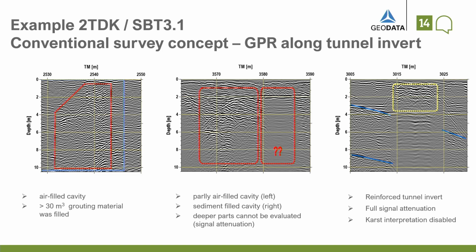This is also the reason why the investigation with the GPR is mostly done along the tunnel invert, or the open tunnel invert, because the sprayed concrete reinforced with metal completely disables the application of the GPR.